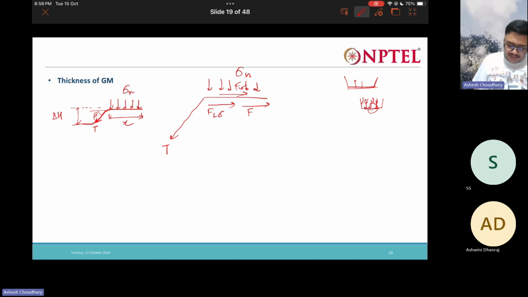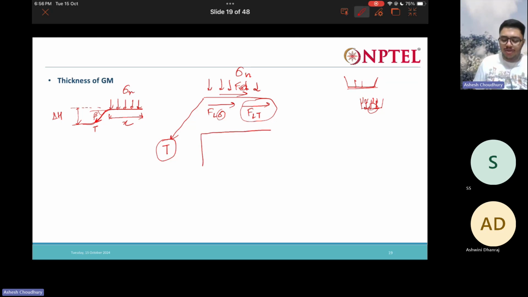This frictional resistance is developed from the normal stress, and one more frictional resistance develops from this tensile stress mobilization, and this tensile stress actually gets mobilized over a distance x.